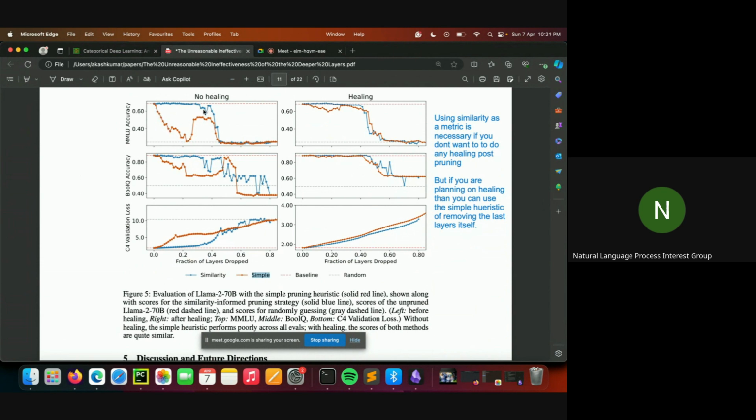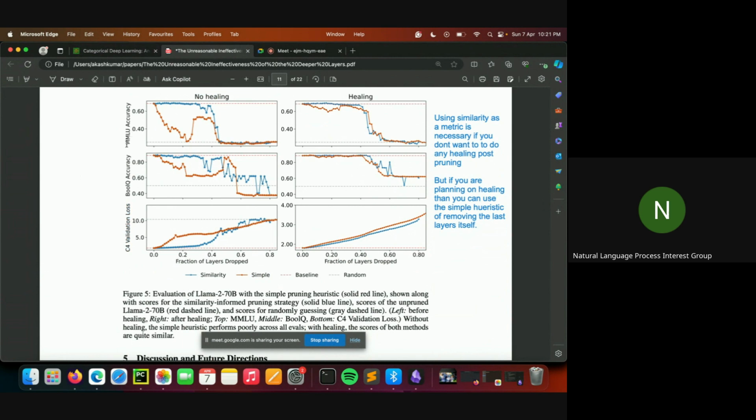But if you use the similarity method, for Llama 2 70B, you can remove up to 30% of the layers and still have good enough performance. So just randomly removing these layers did not work well.